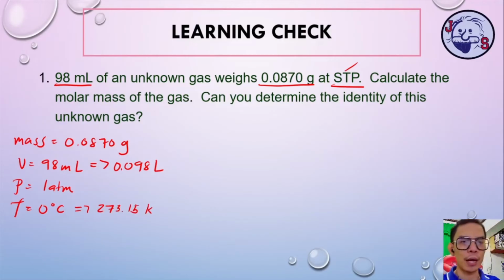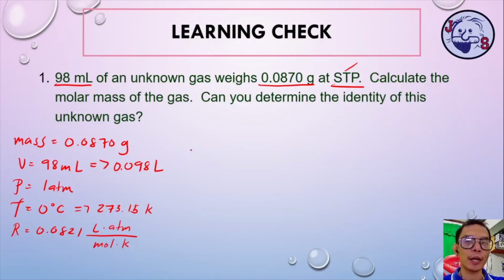So what do we have right here? We have the R, which is 0.0821 liters atmosphere per mole Kelvin. If you take a look at this, the only missing thing is the n.